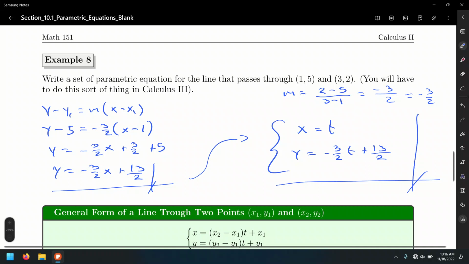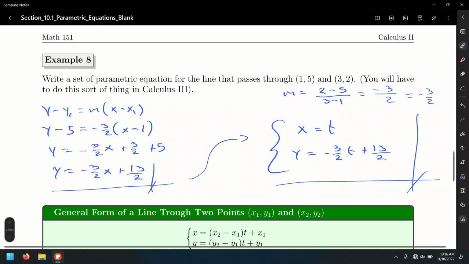You will also learn that in parametric equations, in 2D or even 3D, there's really no slope like rise over run, the way we have it in rectangular functions. In parametric functions, it's a little different.